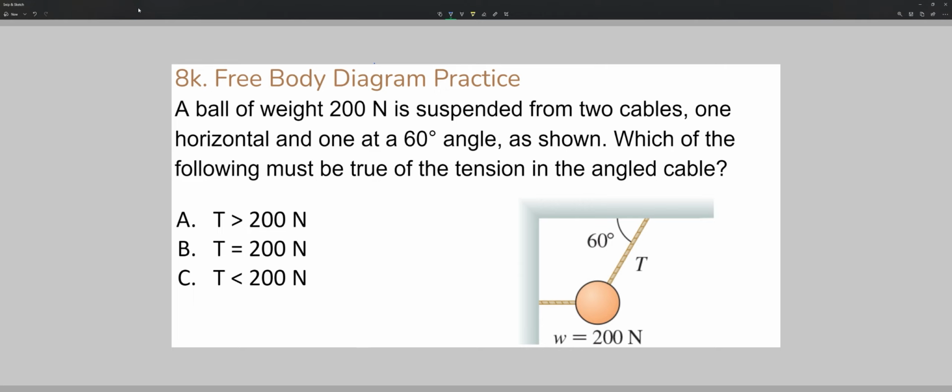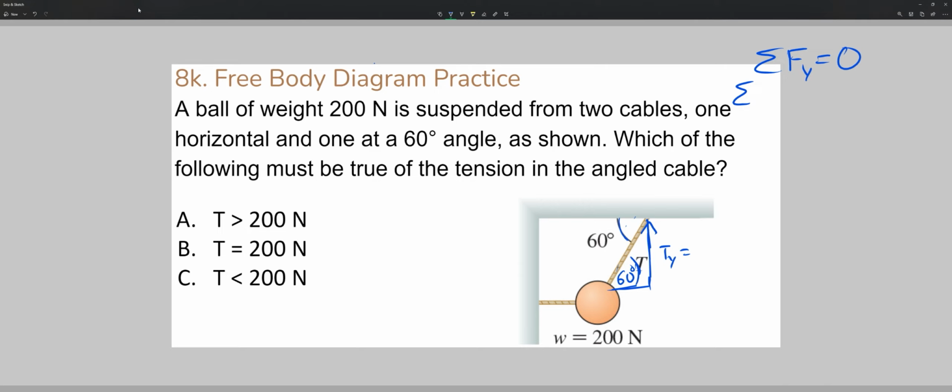So let's take a look at our y-axis. Our total force along the y-axis is 0. So essentially we're taking the vertical tension, Ty here. And we also know that this angle is the same as this angle over here. So these two angles are equal.